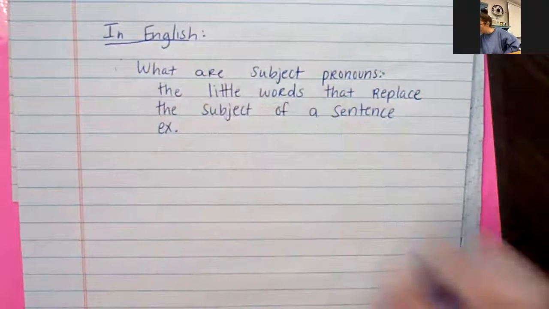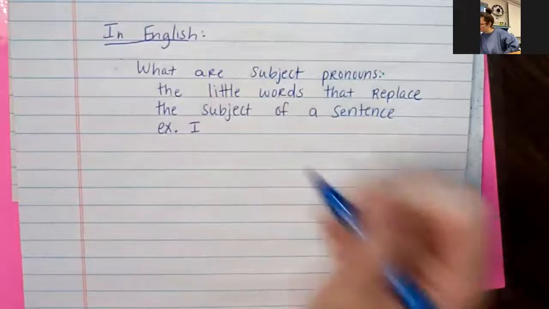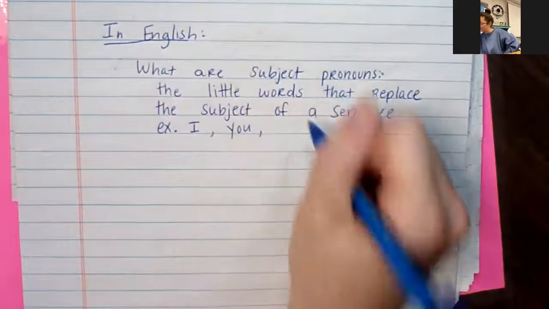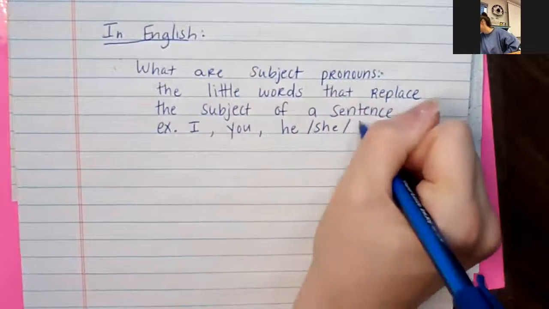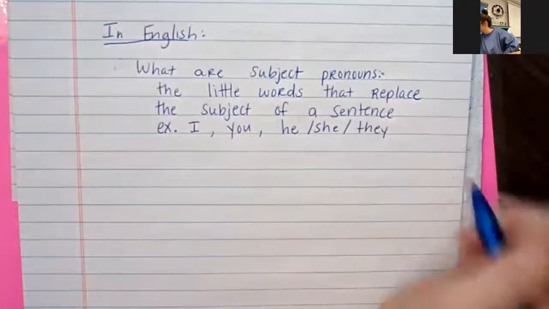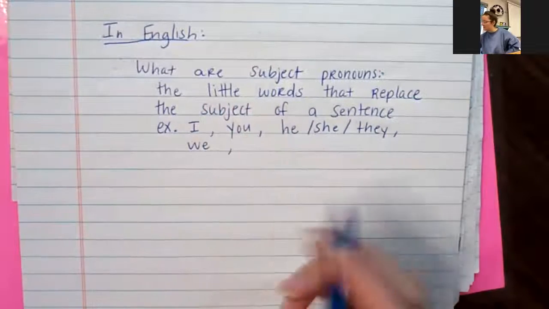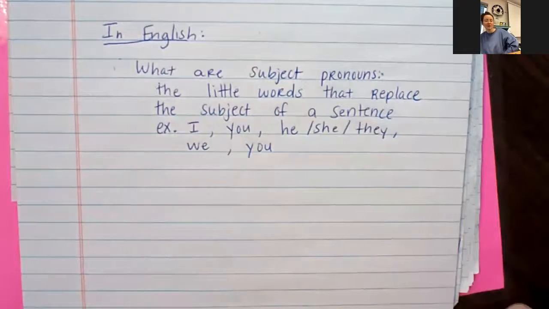So examples of subject pronouns in English are I, you, he, she, or they, we, and then there's you, plural.